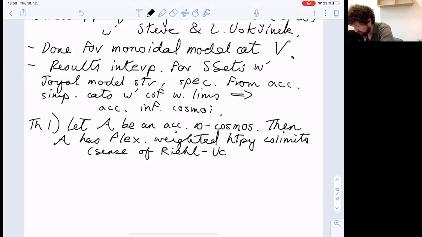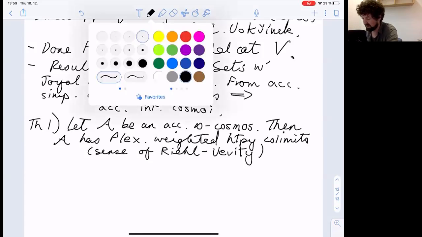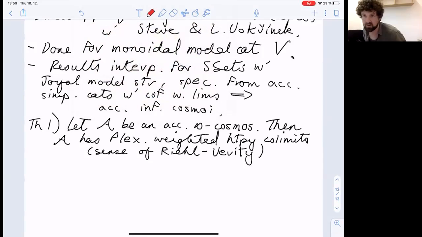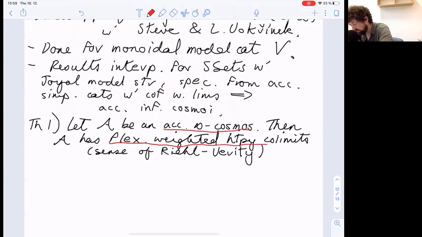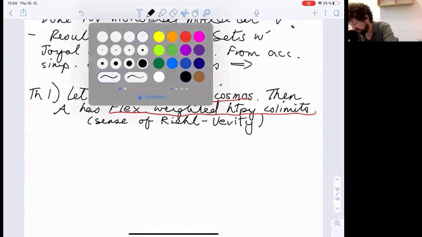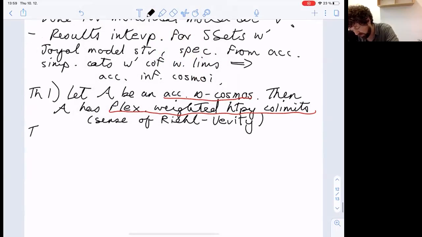We also prove, for instance, that they have homotopical versions of any colimit. So they have homotopy coequalizers. That means you can form a coequalizer cocone for any diagram, but it'll only have a weaker universal property. The notion of flexibly weighted homotopy colimits implies you're using only cofibrant weights, but we don't need the weight to be cofibrant.